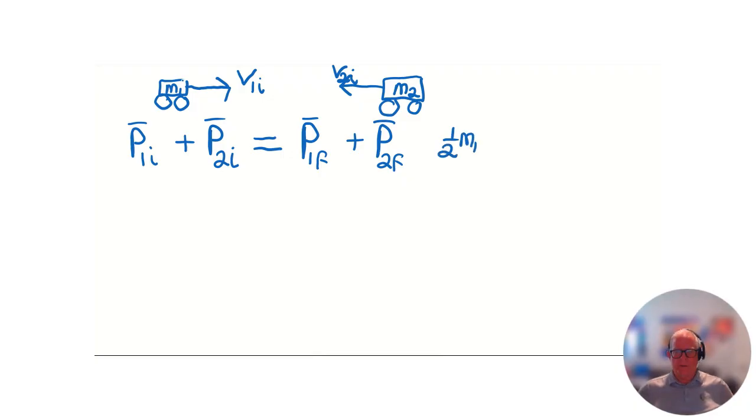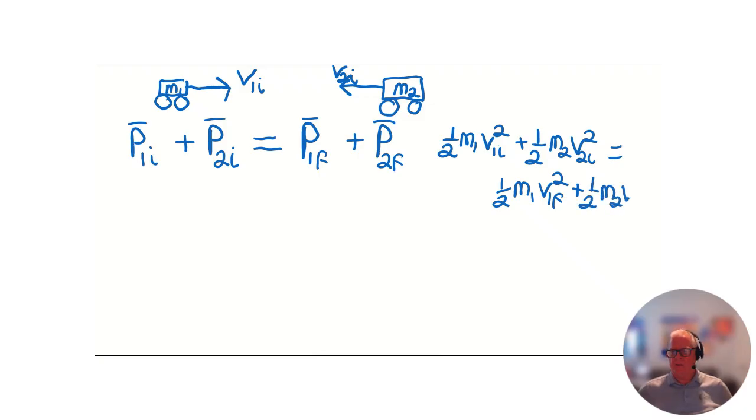So the total kinetic energy before the collision, which is going to be the sum of 1/2 m1 v1 initial squared, plus 1/2 m2 v2 initial squared, is going to equal 1/2 m1 v1 final squared, plus 1/2 m2 v2 final squared.